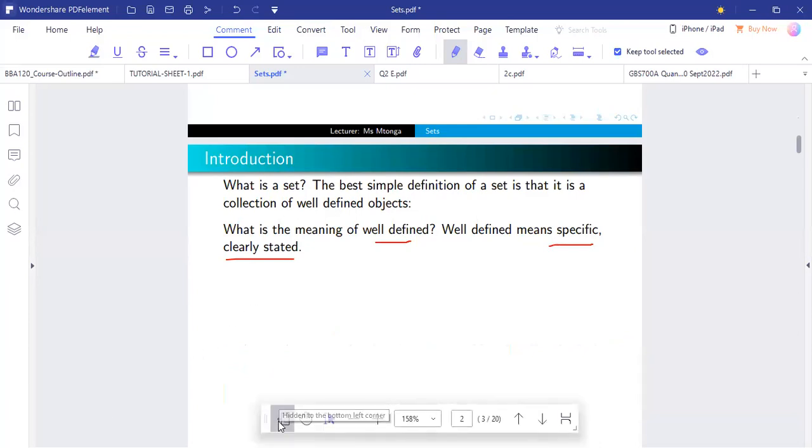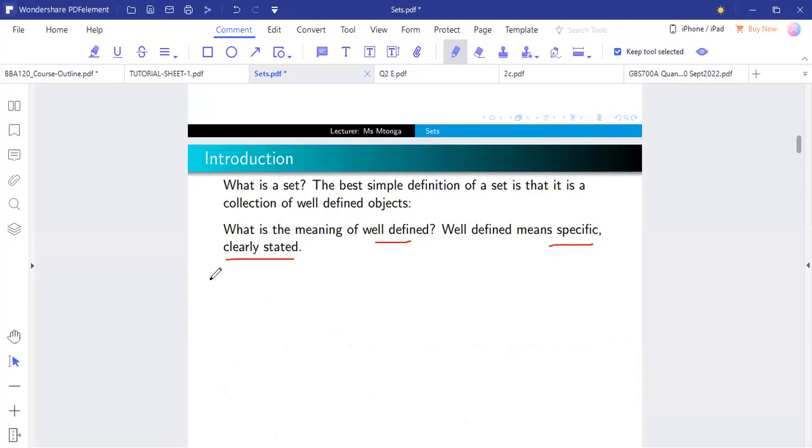If we have a universal set which has numbers from 1 to 10, can somebody give me a set of even numbers?